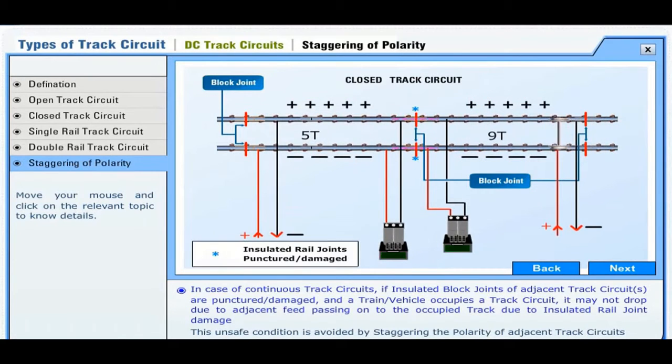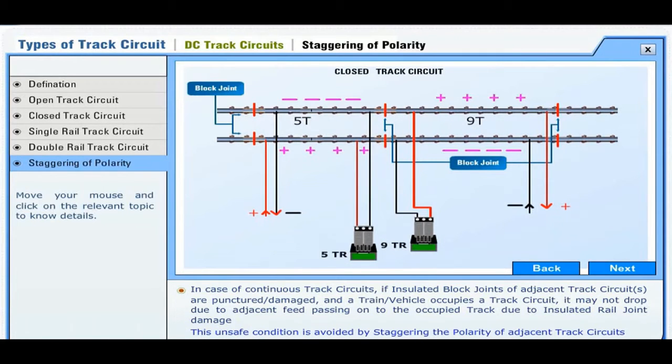In case of continuous track circuits, if insulated block joints of adjacent track circuit are punctured or damaged, and a train or vehicle occupies a track circuit, it may not drop due to adjacent feed passing onto the occupied track due to insulated rail joint damage.